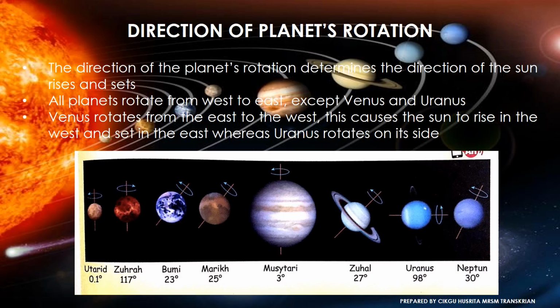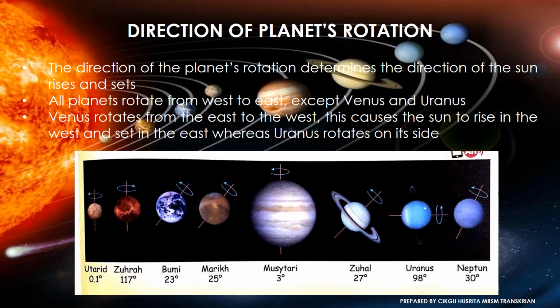Each of the planets has its own rotation and direction of rotation. The direction of the planet's rotation determines the direction in which the Sun rises and sets. Okay, all planets rotate from west to east except Venus and Uranus.